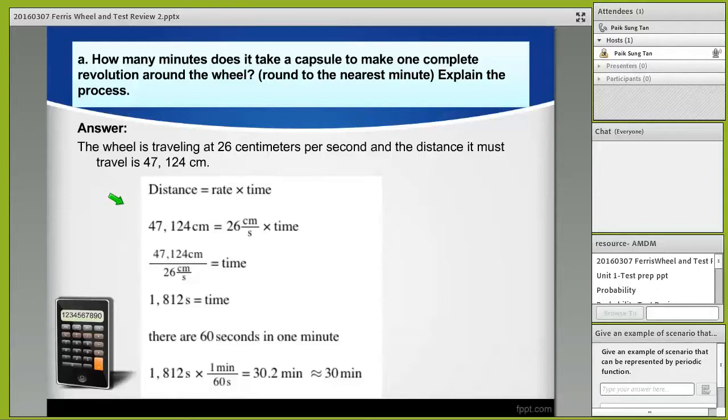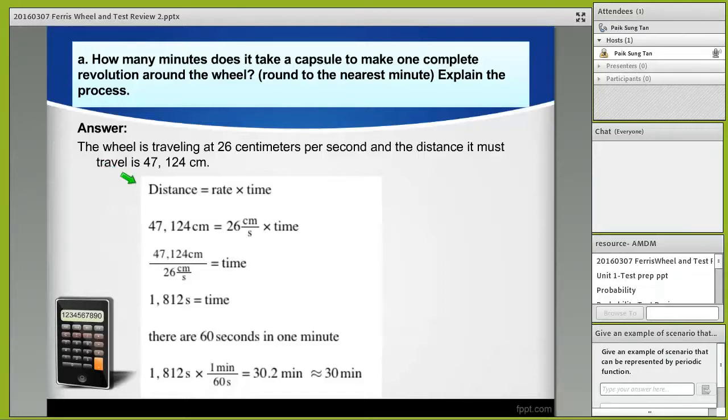So we want to know how many minutes it takes a capsule to make one complete revolution around the wheel, rounded to the nearest minute. Explain the process. The wheel is traveling at 26 centimeters per second, and the distance it must travel is 47,124 centimeters.